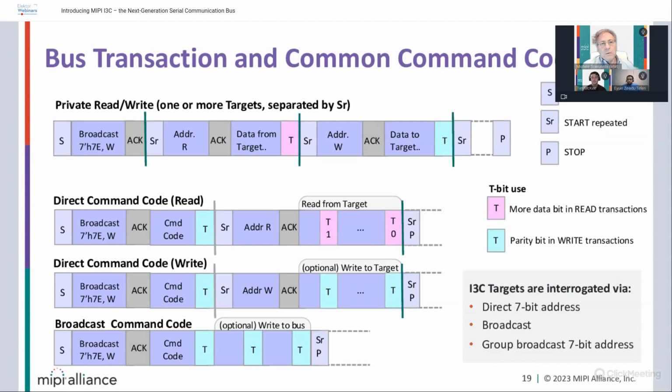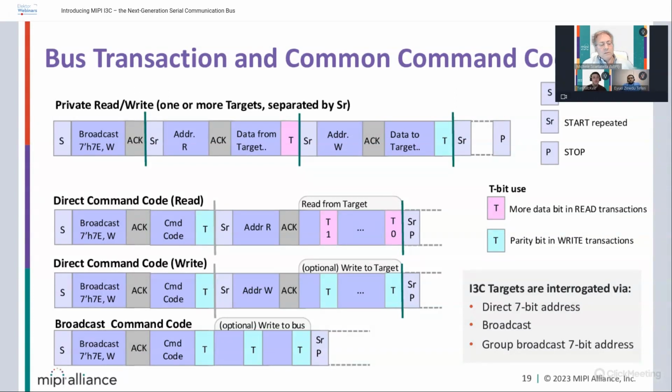We don't want to hog the bus for too long, so we say no more than 128 bytes, for example. With the command code, you enforce this. Of course, you need to tell which target, so after the command code, you address the target to set something or to retrieve some parameters. So you can both read and write command codes.